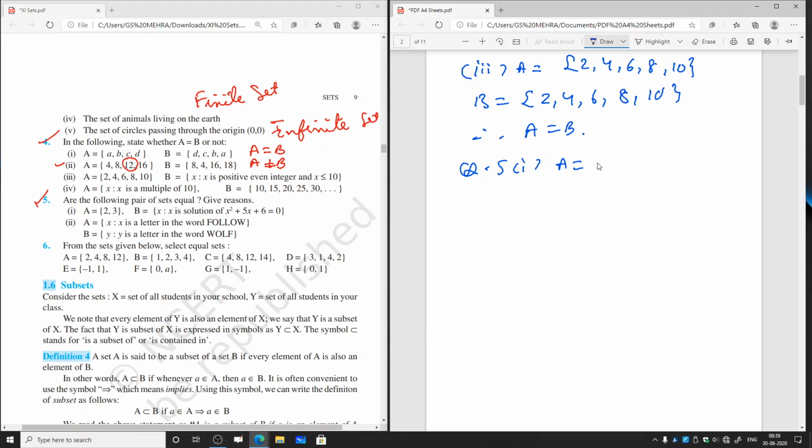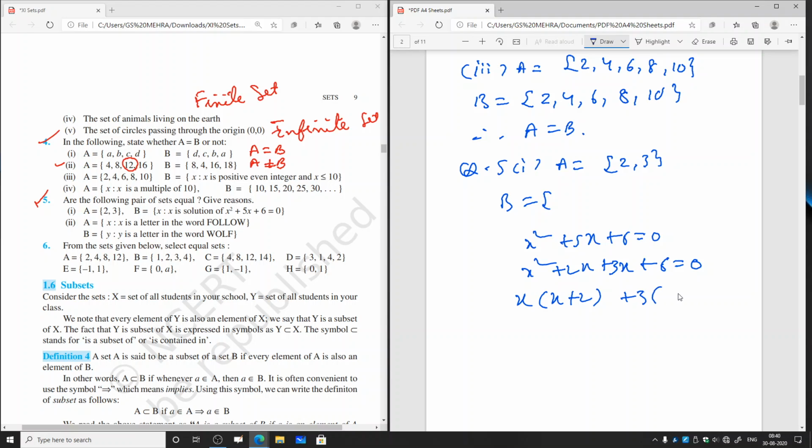A is equal to {2, 3}. B equal to the set of x such that x is a solution of x squared plus 5x plus 6 equal to 0. Let us solve x squared plus 5x plus 6 equal to 0. We can write this as x squared plus 2x plus 3x, splitting the middle term, plus 6 equal to 0. This will give us x into (x plus 2) plus 3 into (x plus 2) equal to 0.